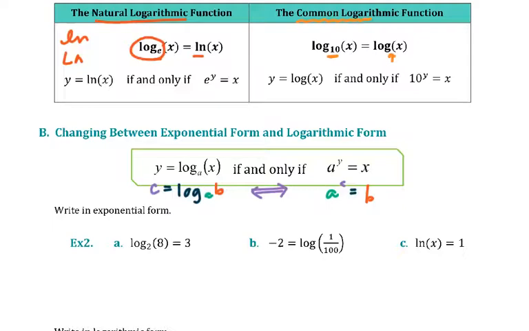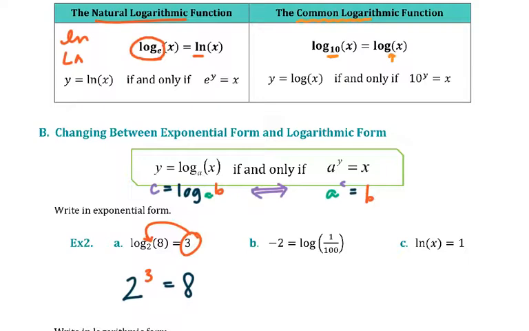For our example, we have 3 logarithms written here, and we want to convert them to exponential form. The reason this is necessary is that sometimes it helps us understand what's going on better, and sometimes it's a strategy we need to use when solving. So when I convert this, this guy goes right in here. This is the same as saying 2 cubed equals 8, which is a true statement.